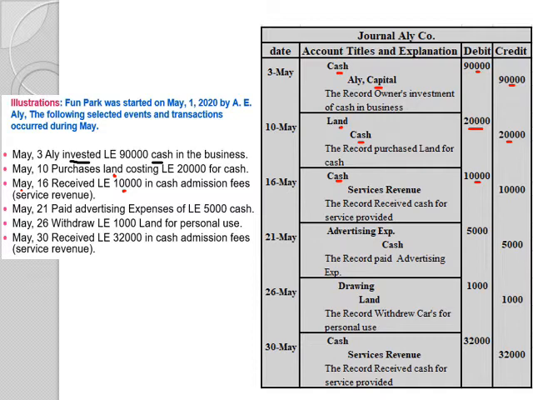Cash, admission fees, services revenue. Services revenue, normal balance credit, increase or recognition of revenue, recorded in the credit side, services revenue, and the amount in the credit column. Explanation: the entry records received cash for services provided.